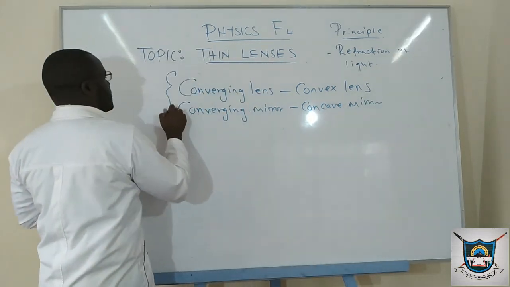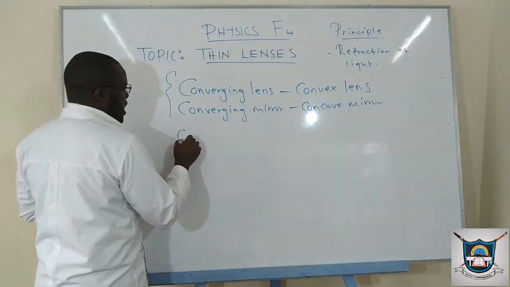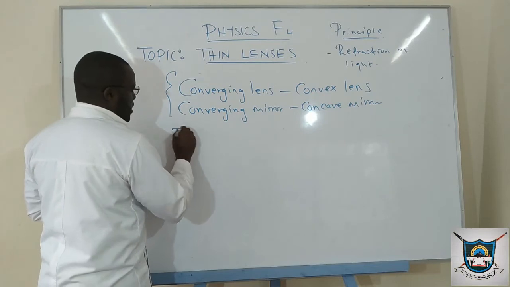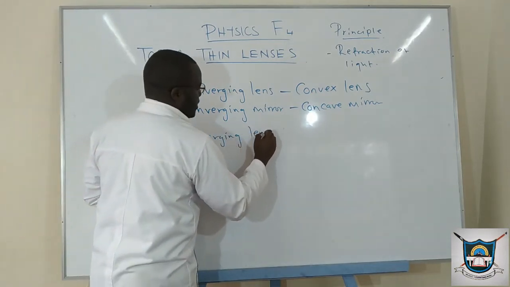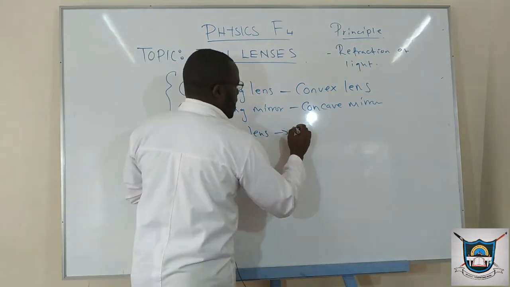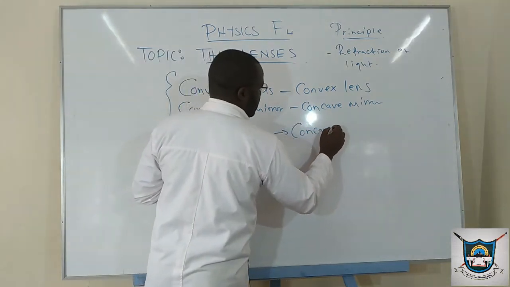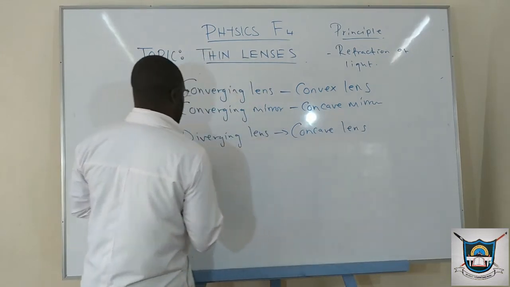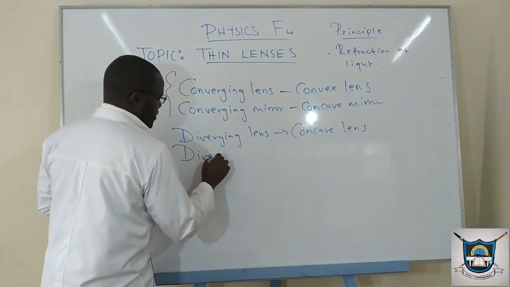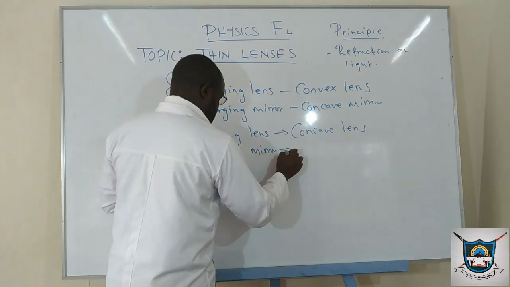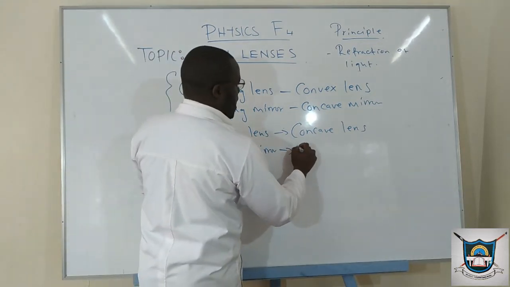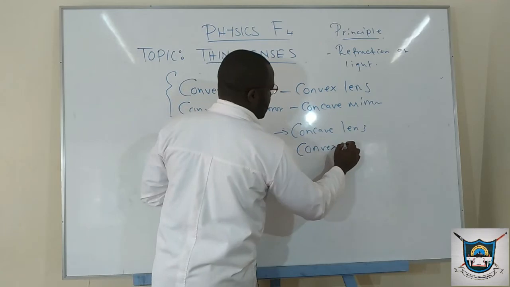The opposite of this statement is true, that a diverging lens is called a concave lens. A diverging mirror in Form 2 is called a convex mirror.